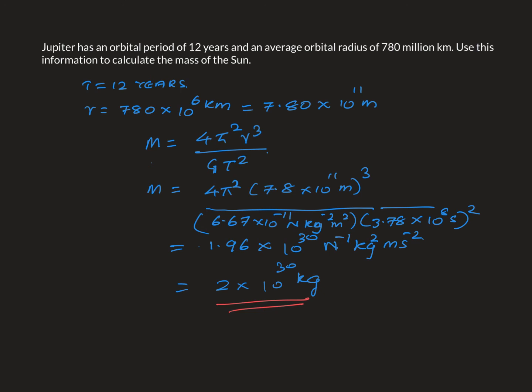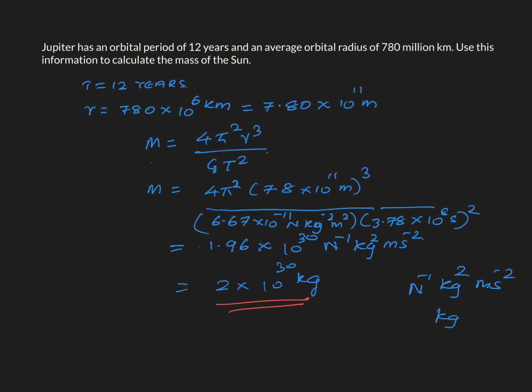You might notice that the answer is in kilograms, but here we have all these units. Do you know how we got that? Newton is basically, if you remember the equation F equals ma, the force is equal to mass times acceleration. So a Newton is basically kilogram meter per second squared, right? Here we got N^-1 kg^2 m^-2, so N^-1 is basically 1 over Newton.